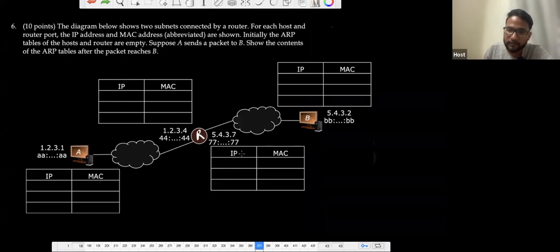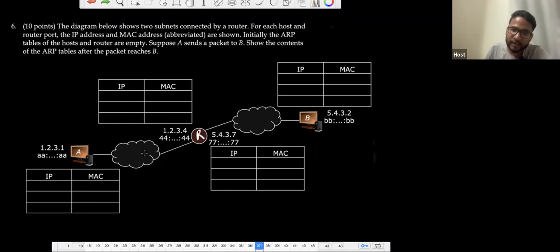So B has an ARP table, R has an ARP table, and A also has an ARP table. There are two interfaces, so for one interface the router has its own ARP table, and for the other interface its own ARP table. Initially the ARP tables of the hosts and router are empty. Suppose A sends a packet to B. What is the content of the ARP tables after the packet reaches B?